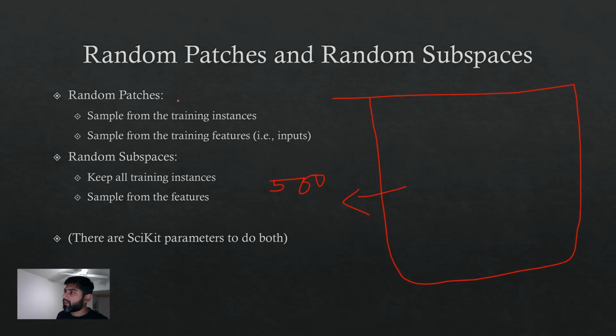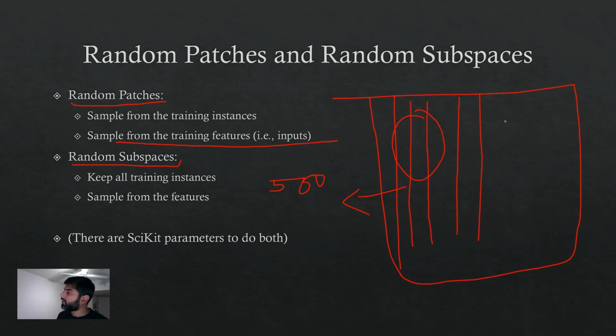There are two ways. One is random patches, the other is random subspaces. Random patches means sampling from the training instances or sampling from the training features, that is, inputs. You can use this patch. What I mean by that: there are multiple columns in the data set. See, all these are columns. Sometimes we call them predictors or independent variables. And finally, we have a target variable.